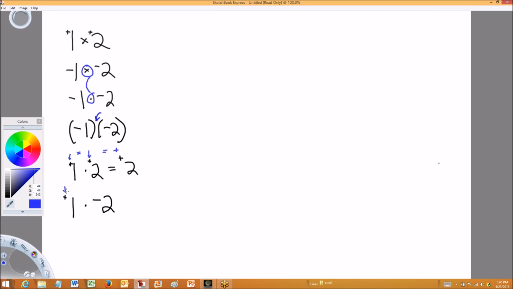The rule is a positive times a negative equals a negative. And even if you flip those around, if you have a -1 times a positive 2, that's still a -2. So it doesn't matter which way it goes, as long as these are opposite in sign and it's a multiplication, and division too, we'll get that in a minute, then it's negative. So a negative times a positive is a negative, a positive times a negative is a negative.